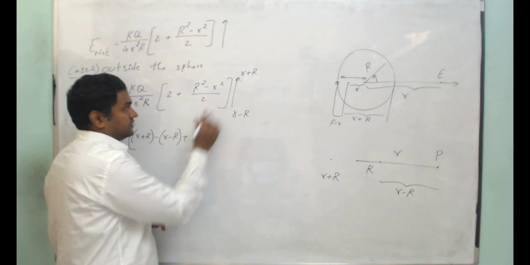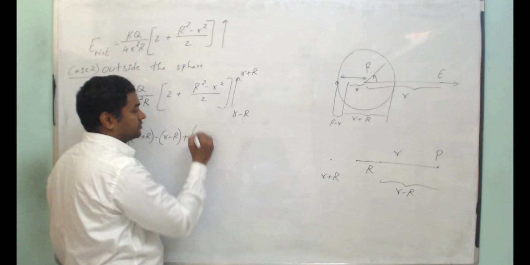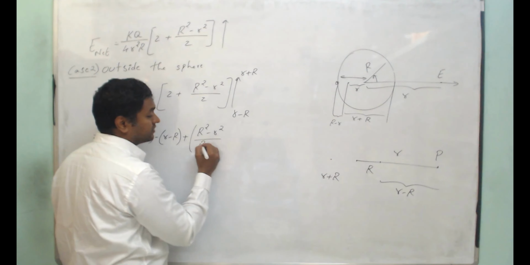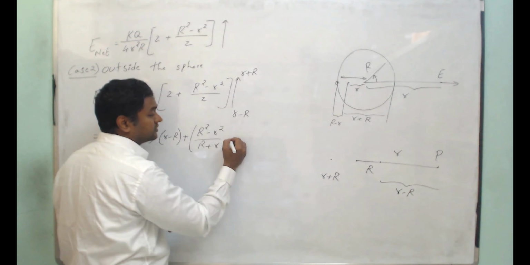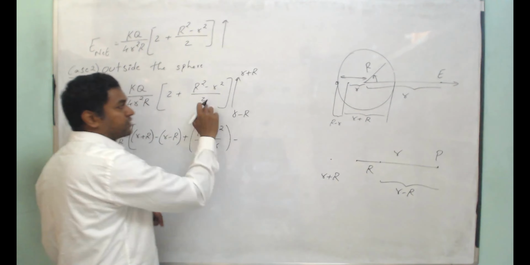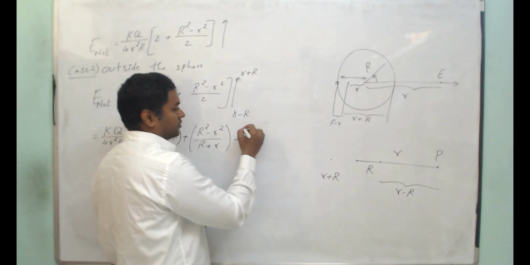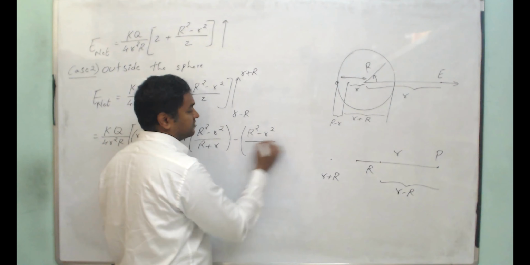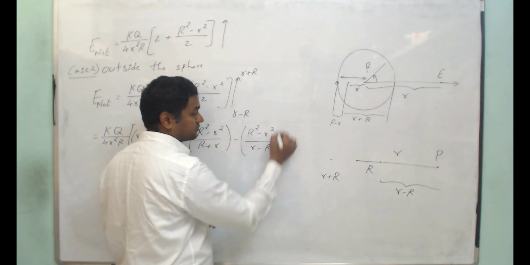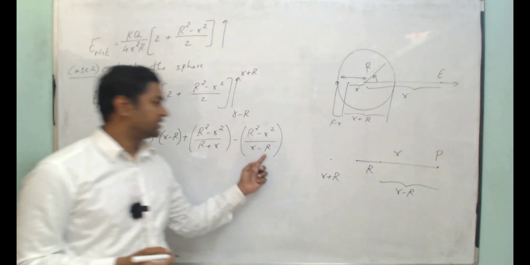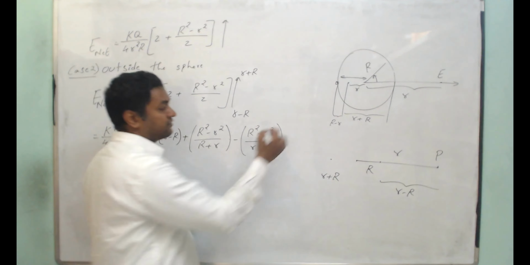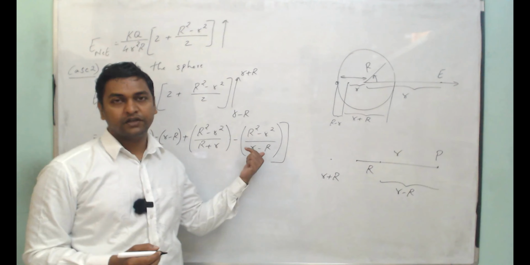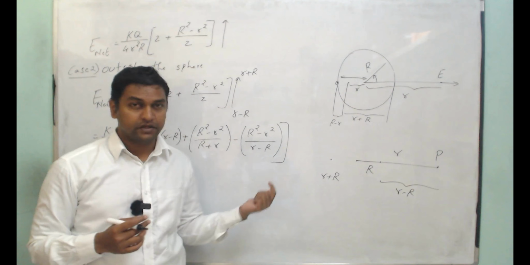plus upper limit capital R square minus small r square divided by, we can write this like this, minus lower limit capital R square minus small r square divided by small r minus capital R. Actually, I can take the minus sign inside, and automatically it will become capital R minus small r.